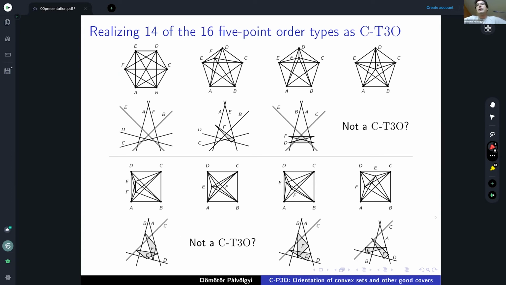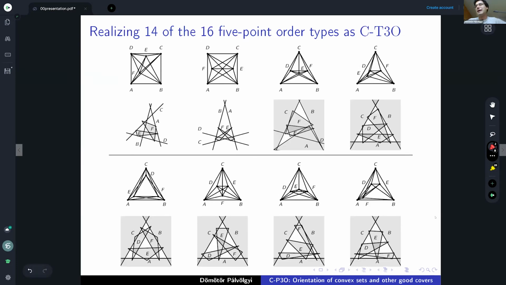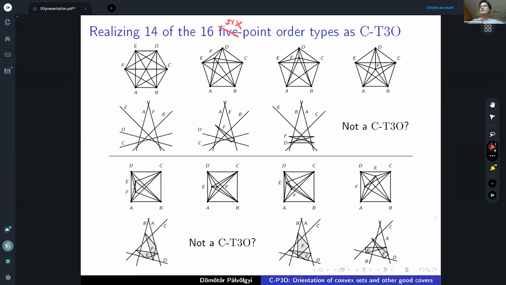Okay, here is a long list. There are 16 order types, of course, from, sorry, this should be 6. Of course, we just had the 5. This should be 6-point order types. There are 16 of them all together, and we could realize most of them with convex sets. There are still 2 that we couldn't realize, this and this.